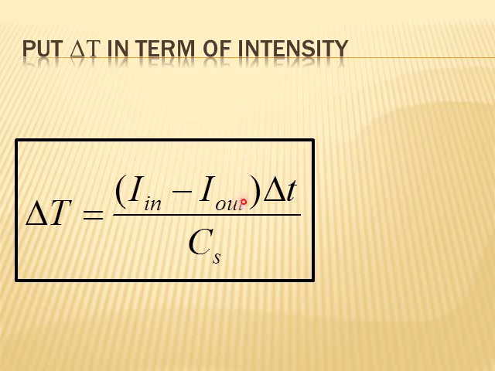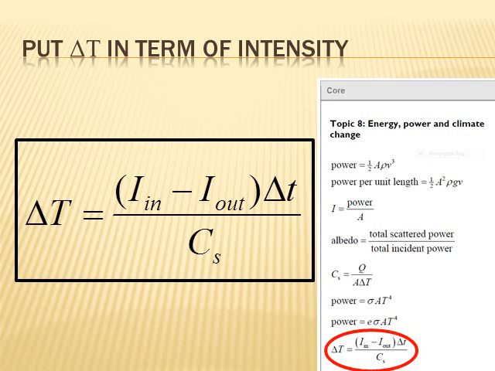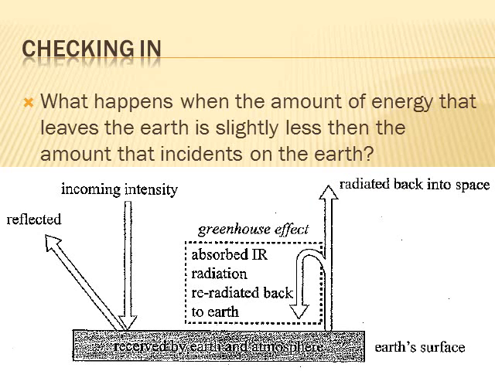So change in temperature is equal to intensity in minus intensity out, all times the amount of time it's been absorbing for, divided by CS, which is again the surface heat capacity. This equation is also found in your IB data booklet. You just need to know what the variables are, what they represent, what to do with them, and how to calculate it.